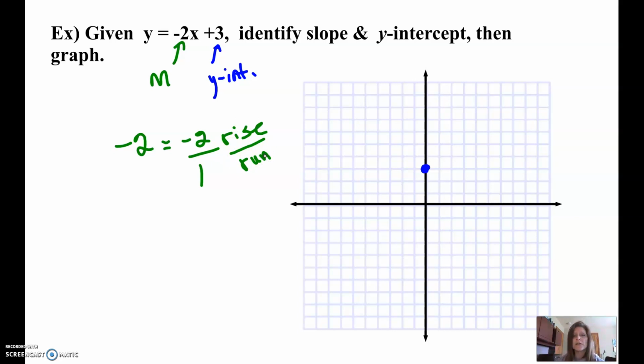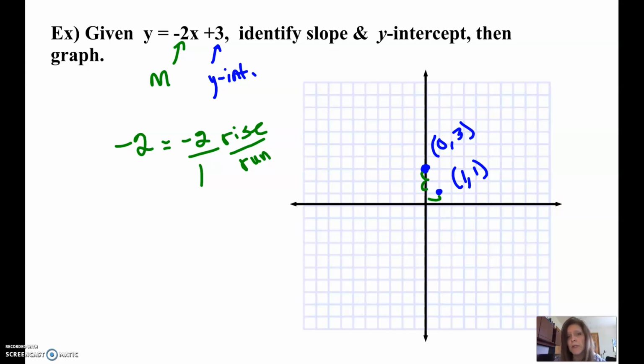Now, if it's a negative, that means we're not going to go up, we're actually going to go down, right? So we would go down 2 units and then run 1. So my next point would be here at (1, 1), right? So my first point was where I crossed according to my equation, (0, 3). The next one would be (1, 1).